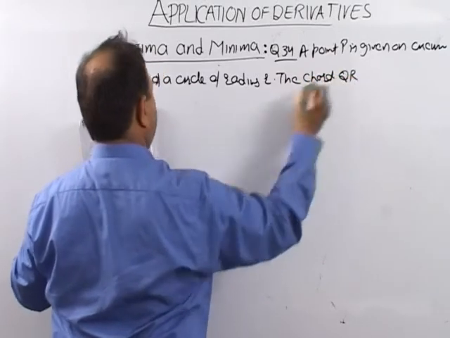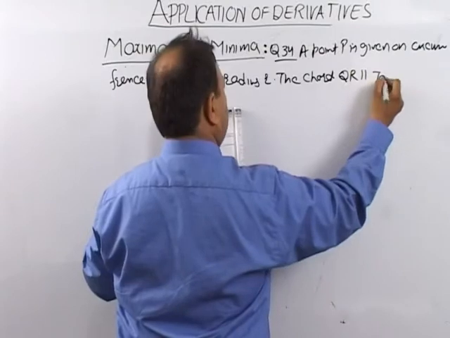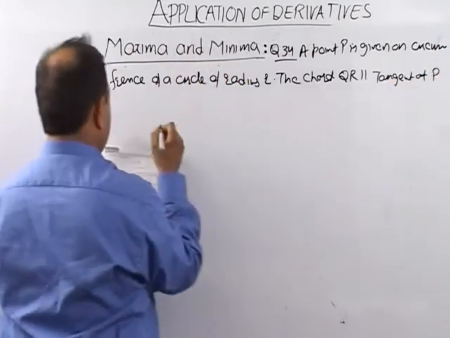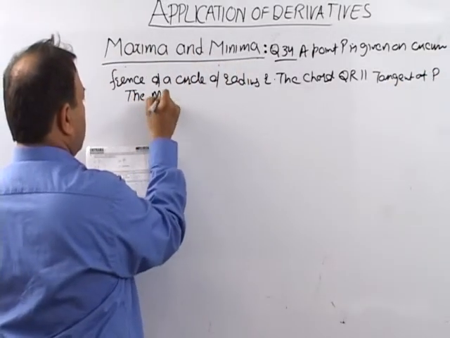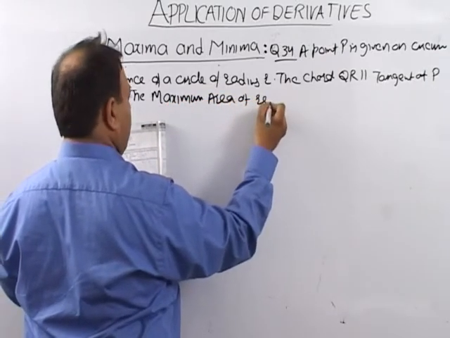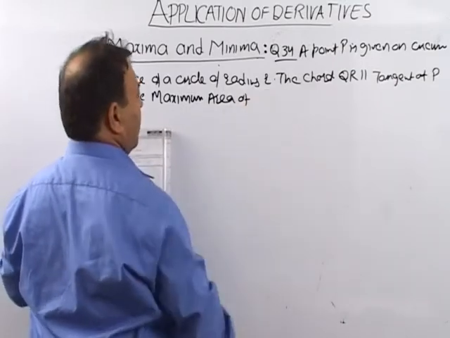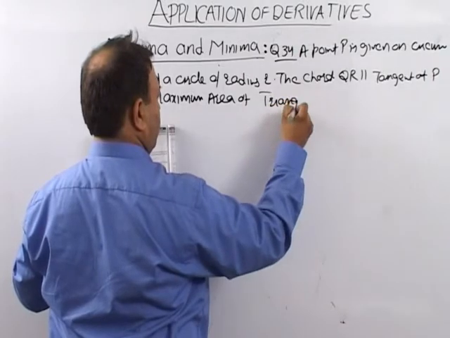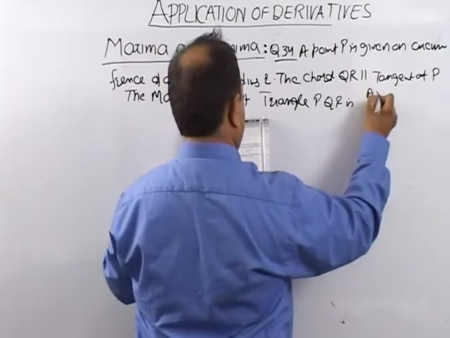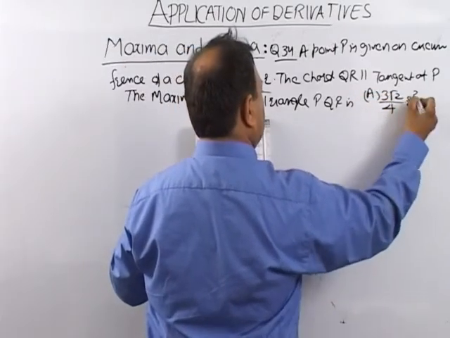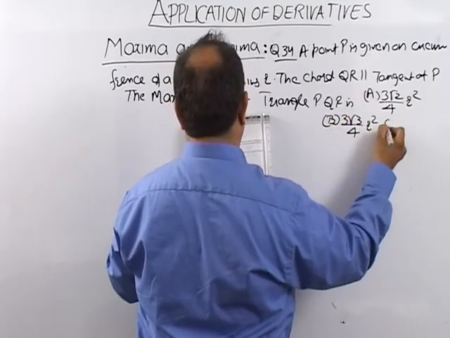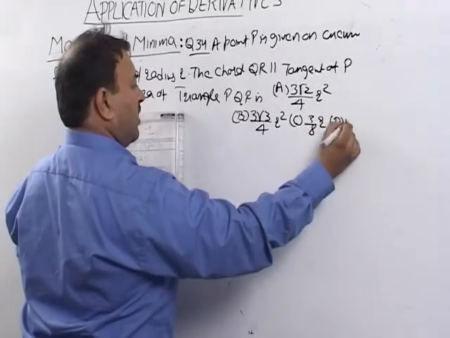The chord QR is parallel to the tangent at P. The maximum area of triangle PQR is: A, 3 root 2 upon 4 r square; B, 3 root 3 upon 4 r square; C, 3 upon r; D, none.